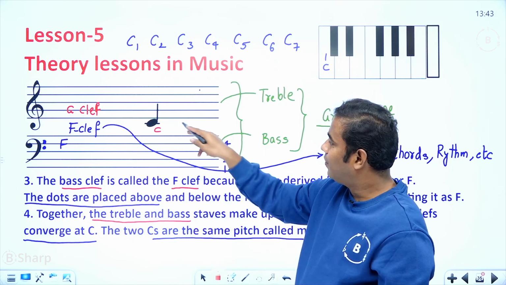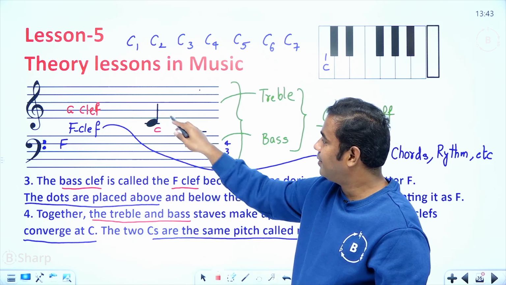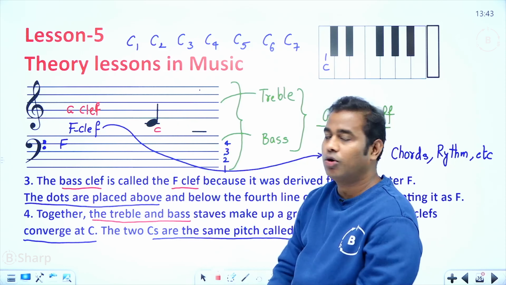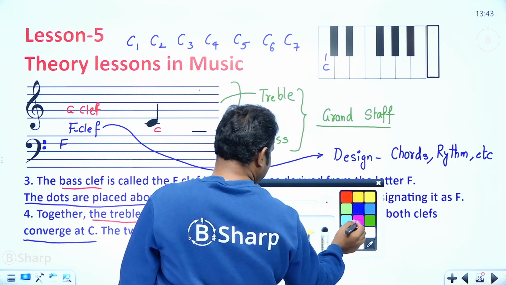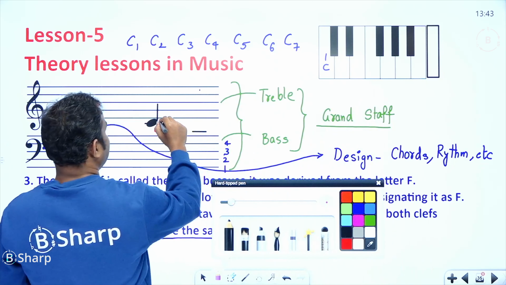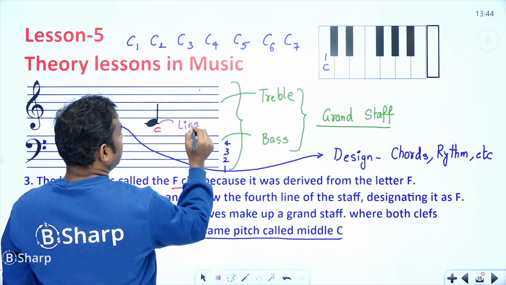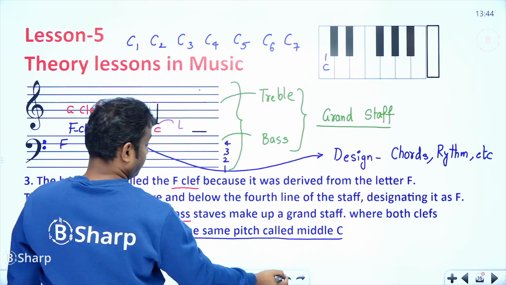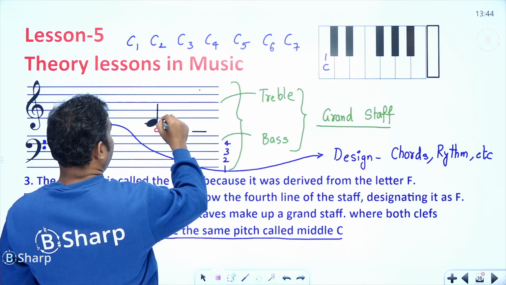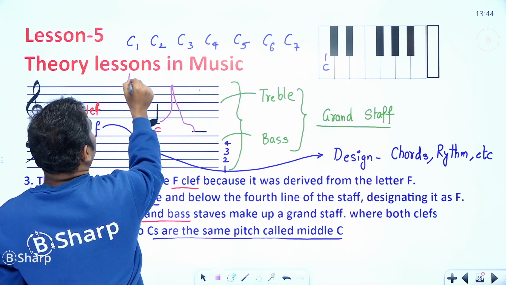So I take an imaginary line here, draw it, and put a note on it, which is a C. This small line is called a ledger line.